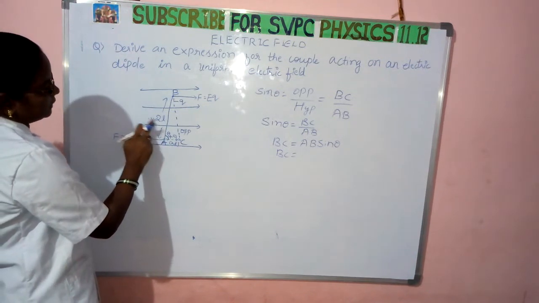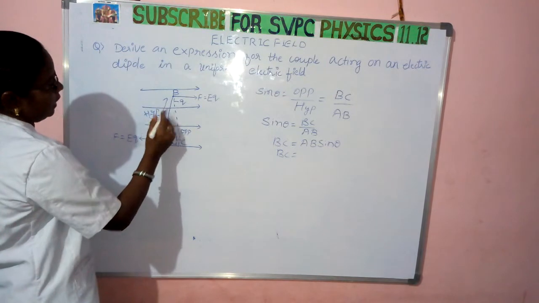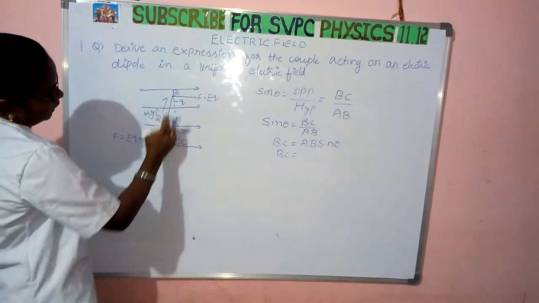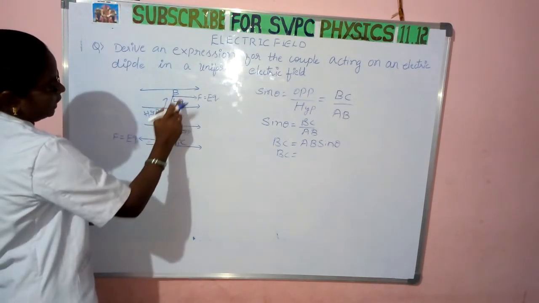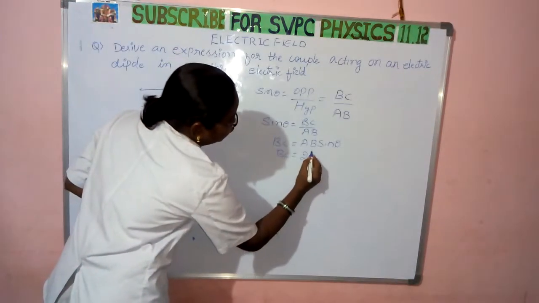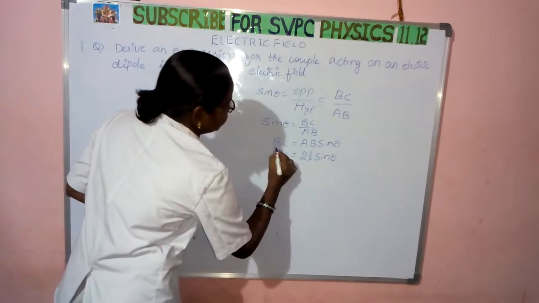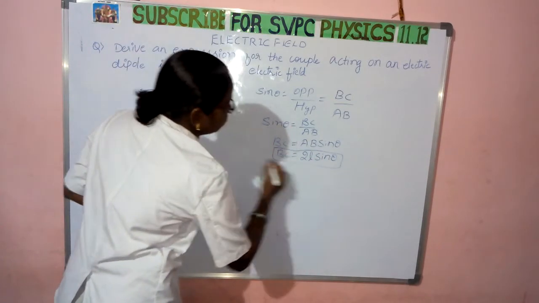This is the hypotenuse, and the distance from A to B is 2L, since these two charges are separated by a distance of 2L. So AB is 2L, and BC value is 2L sine theta.